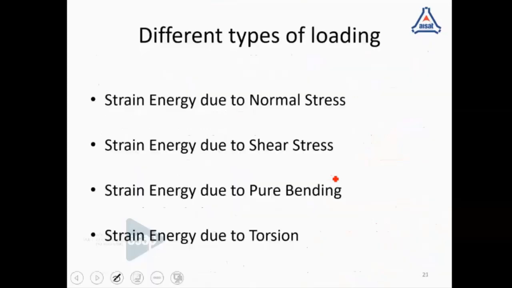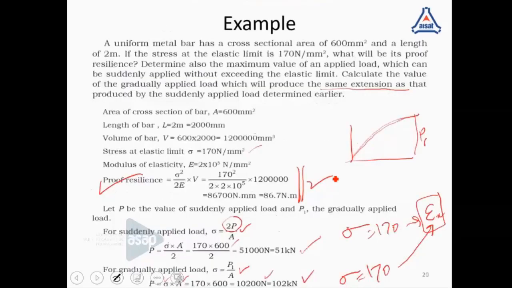How can the strain energy be evaluated, starting from strain energy density and the particular type of loading method we are using? What is proof resilience? Proof resilience means resilience at the maximum value of the load which is applied. Resilience means strain energy density corresponding to this sigma. When you are gradually applying the load, the sigma value is gradually increasing from 0 to the final value.